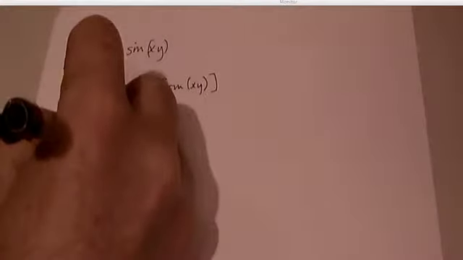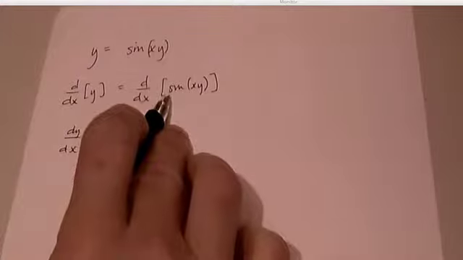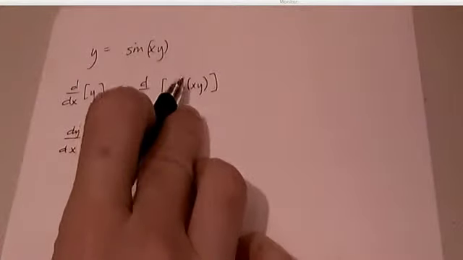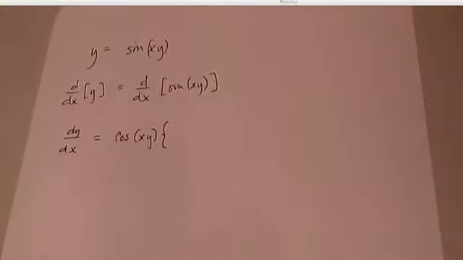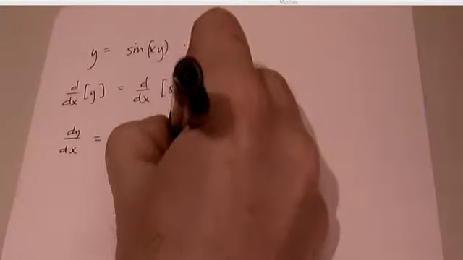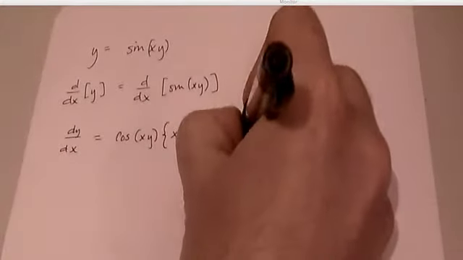And this gives me dy dx is equal to, well, I know that this is sine of stuff. So what's the derivative of sine stuff? Well, the derivative of sine stuff is cosine stuff. Now, I need to deal with the derivative of the stuff, which is x times y. And that's x times the derivative of y plus the derivative of x times y.